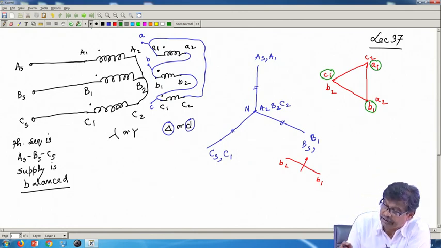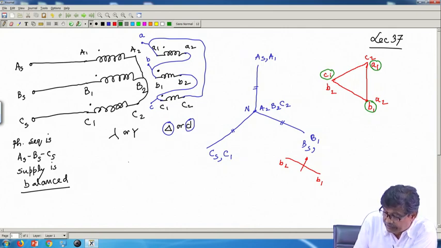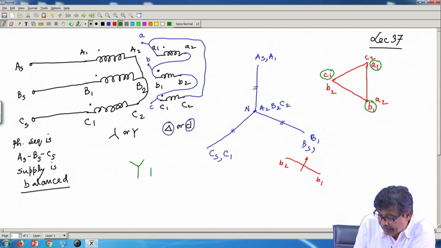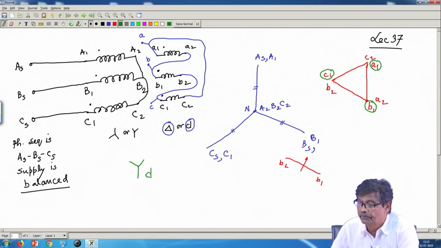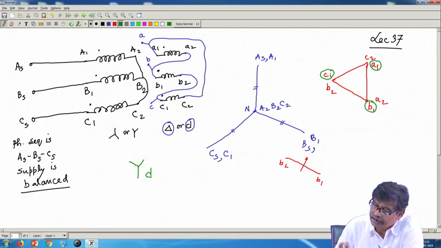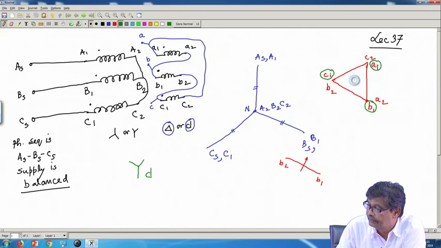Now, the question is, if you connect like this, I should write it as star, secondary is delta. Now, what is the phase angle? What should I write? Now, while doing the phase angle, you can find out first where is the artificial neutral of the secondary side.